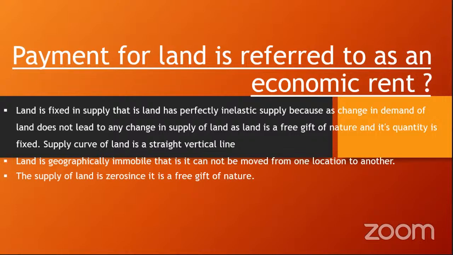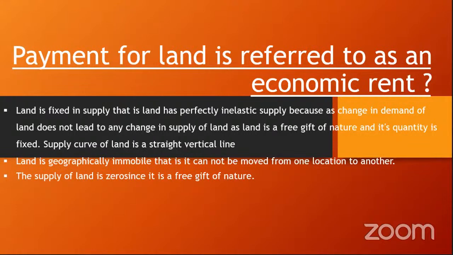So it means you will not be able to increase your land and you will not be able to decrease your land, ceteris paribus. So for example, if you consider other factors of production, you can have very many people as labor, and these people can be increased or decreased.